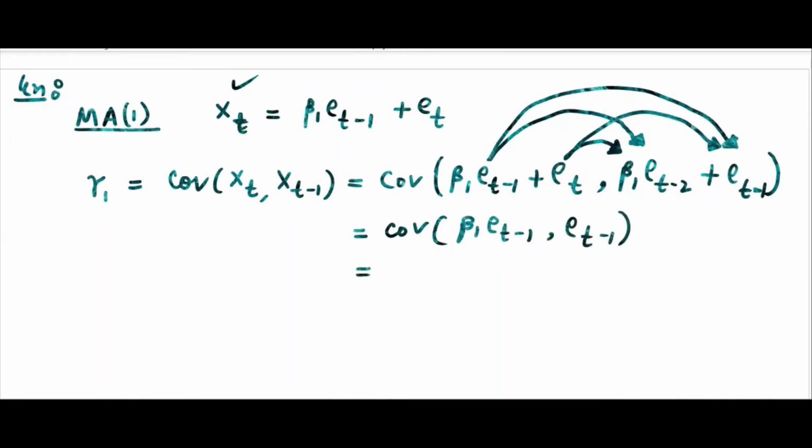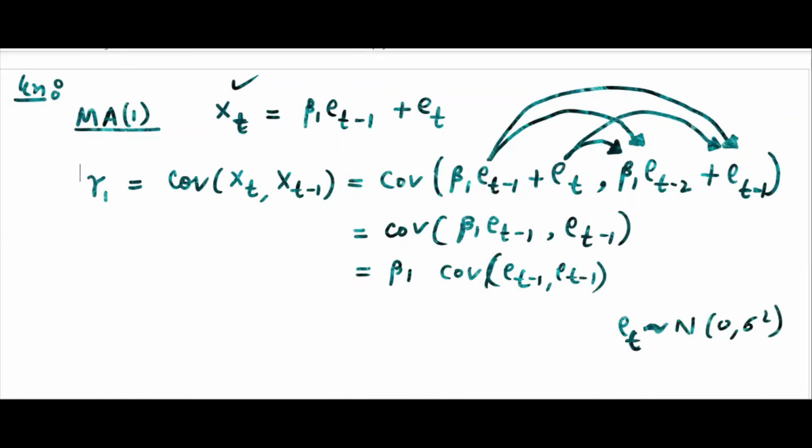And remember, this is the covariance of et minus 1 with et minus 1, that is, et also, because you can replace t by t minus 1; it follows normal 0, sigma square. So the covariance of this will be the variance of et minus 1, or variance of et, that is sigma square. So you will get beta 1 sigma square. This is gamma 1.